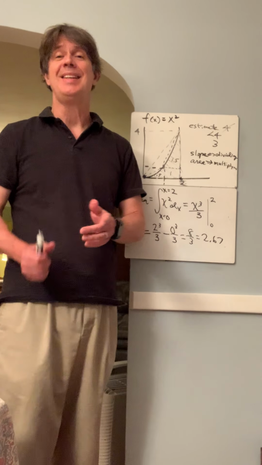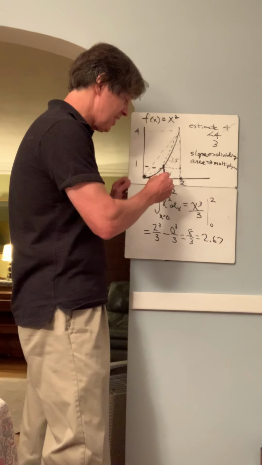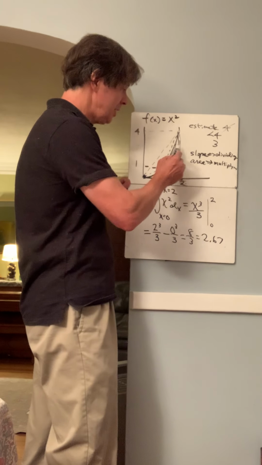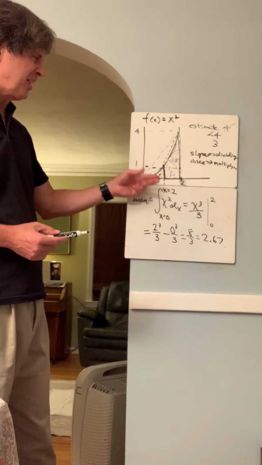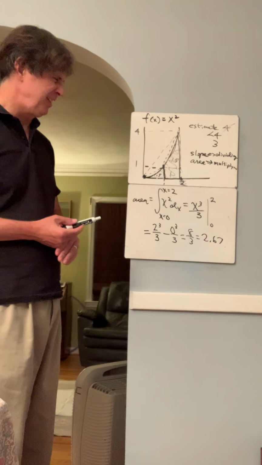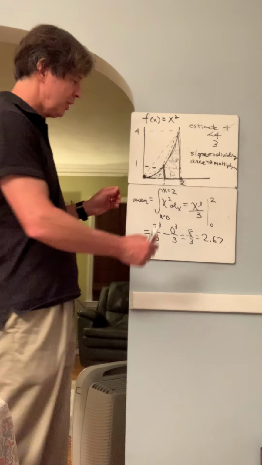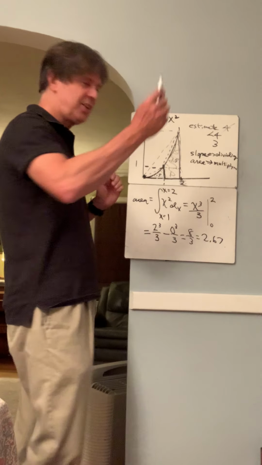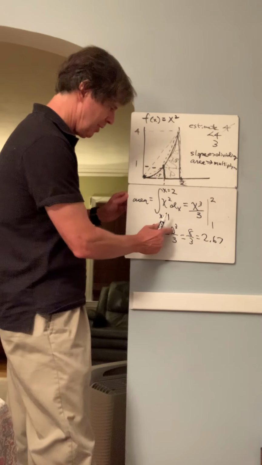What if I didn't need the area of the whole thing? What if I only wanted to know this part? Well, it's clearly less, a little less than a half. So it's probably 2 point something. You would only integrate from 1 to 2, right? And then you put a 1 down here and a 1 right here.